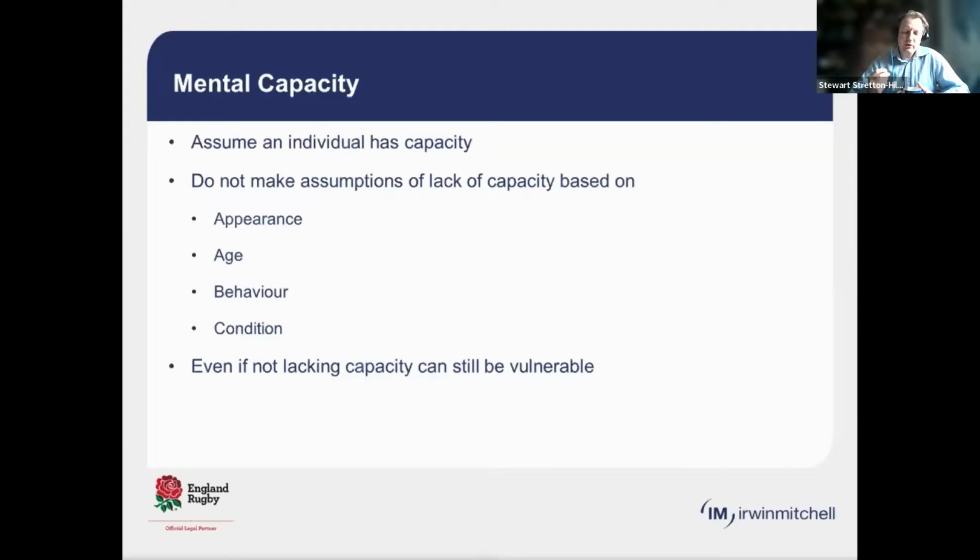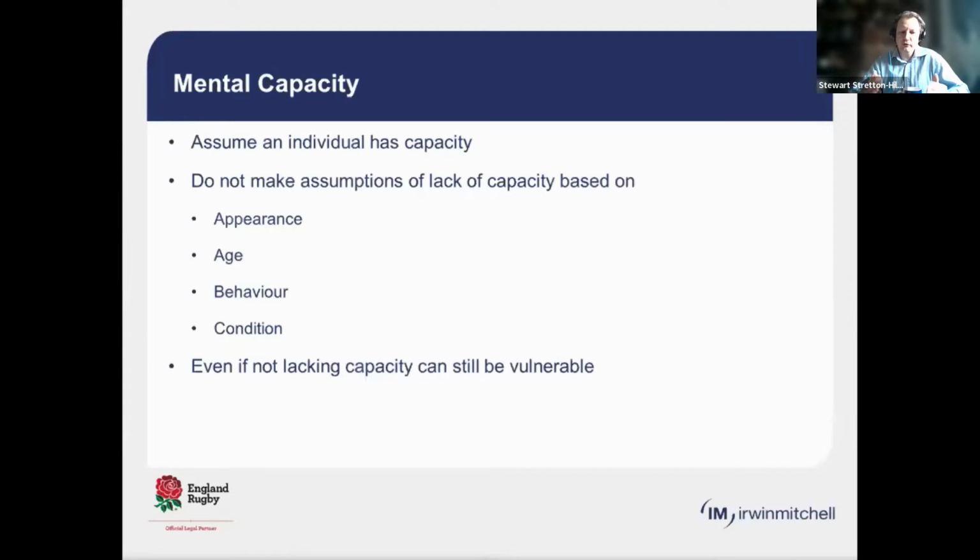And it's got these wonderful principles in the Act. One of the major principles is you must never assume an individual lacks capacity. You should always assume they have capacity. And you can't change that assumption just based on someone's appearance, their age, their behavior, their condition.